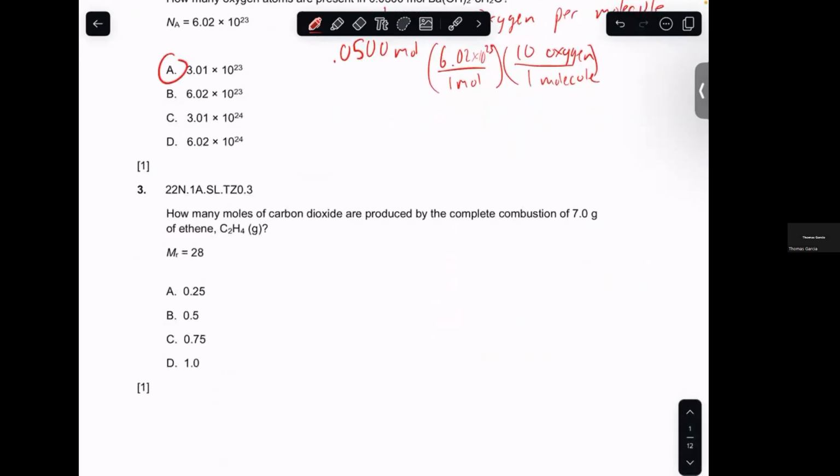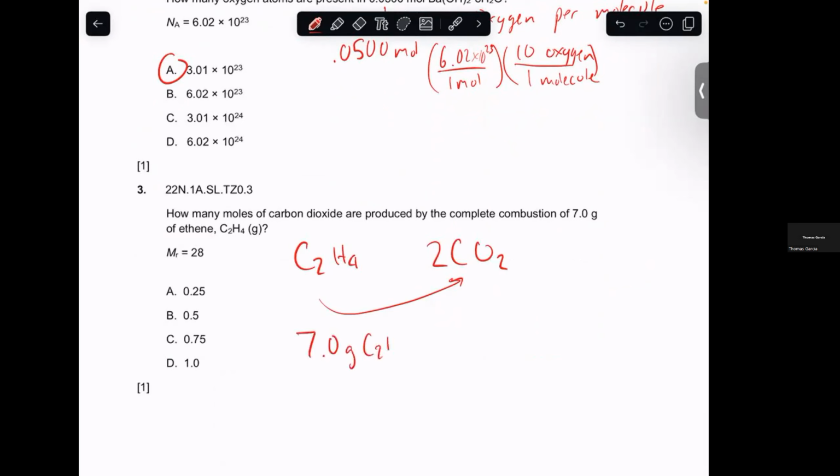All right, how many moles of carbon dioxide are produced by the complete combustion of 7 grams of ethene? Ethene is C2H4. Carbon dioxide is CO2. We have 2 carbons here, meaning we'll need 2 carbons of carbon dioxide. So every ethene will produce 2 CO2. So we do 7.0 grams C2H4. We're going to divide by the molar mass, which is 28, because we get that right here, grams per 1 mole ethene, C2H4.